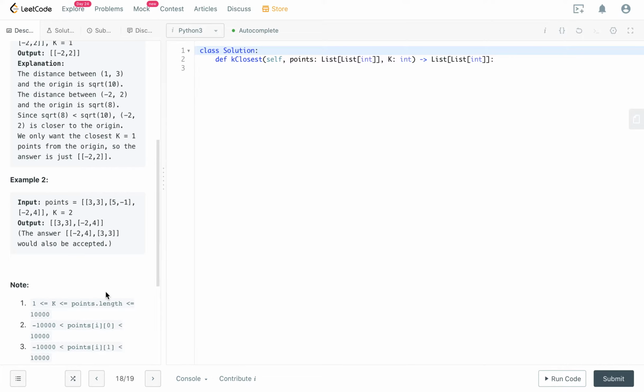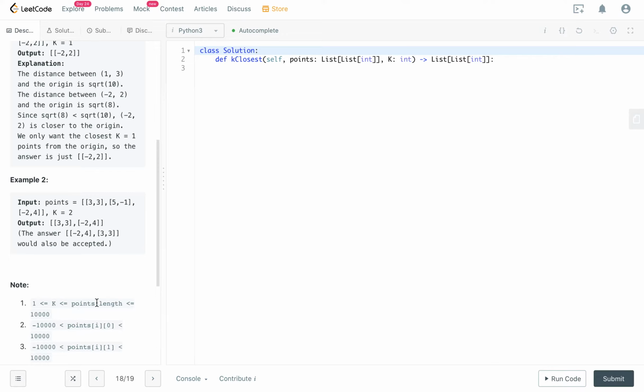Okay, so if we're coding in Python, we can use the sort function and a lambda function, and this should be like 2 or 3 liners. First of all, let's check one corner case, which is when k is equal to the number of points.